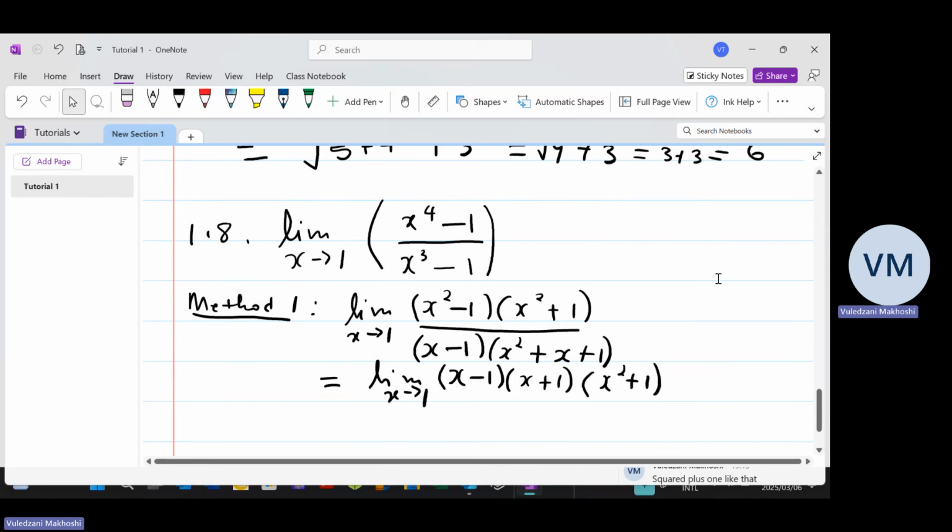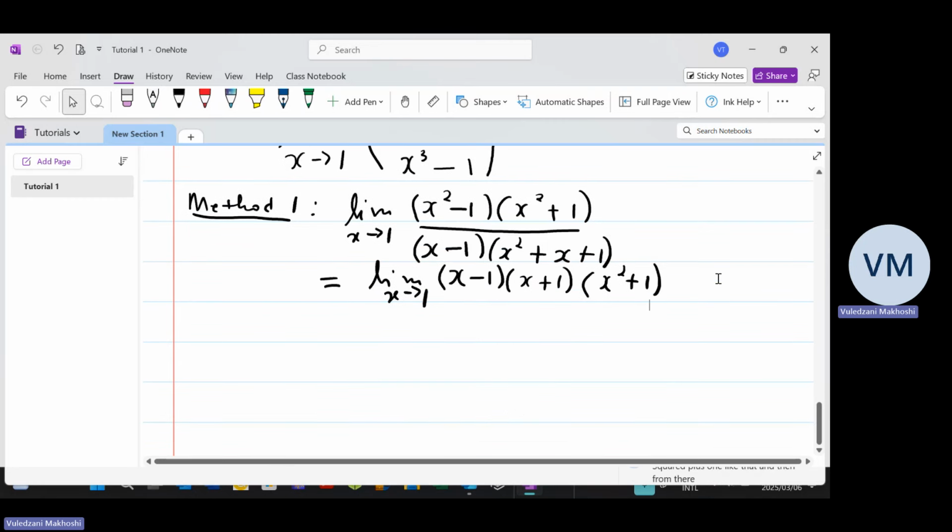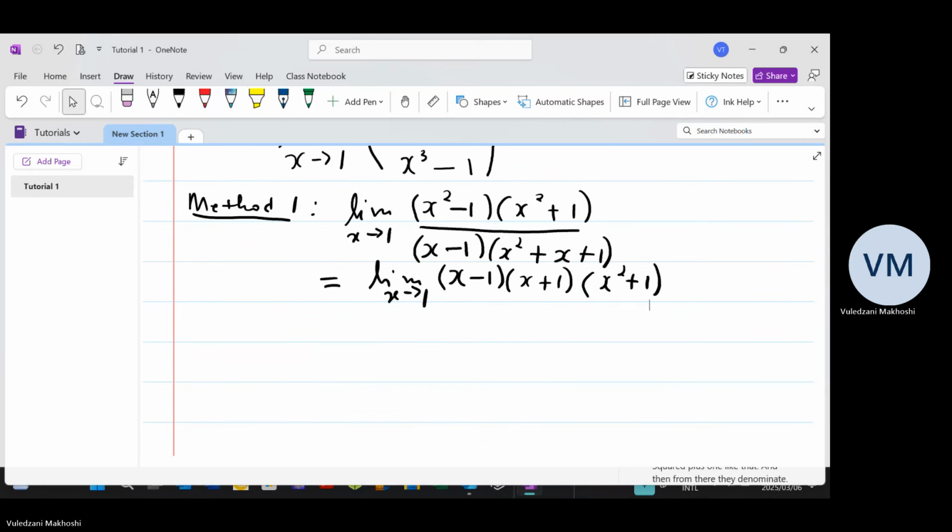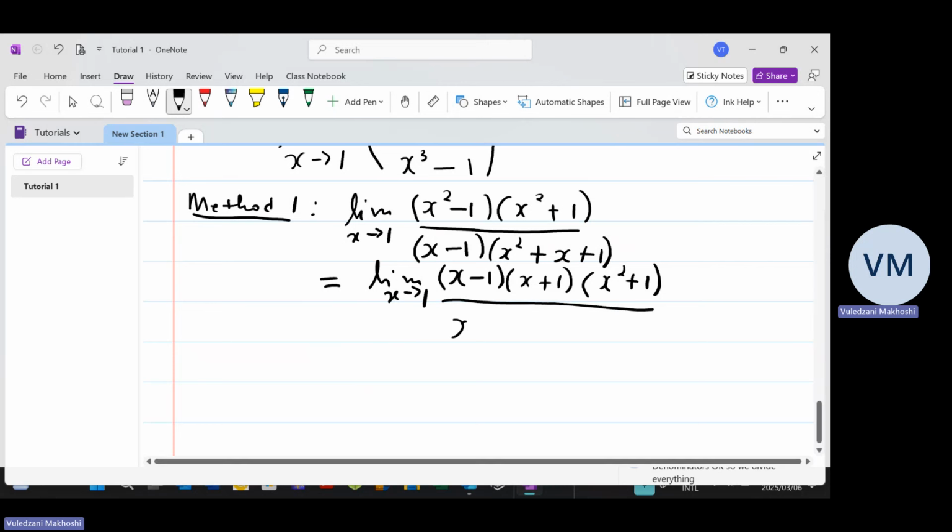And from there, the denominator is still okay. Our denominator is okay. So we divide everything by x minus 1, x squared plus x plus 1.